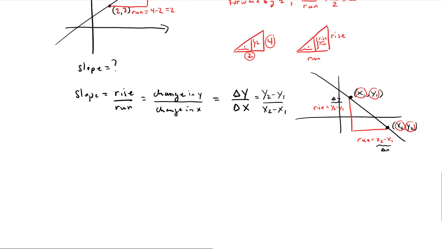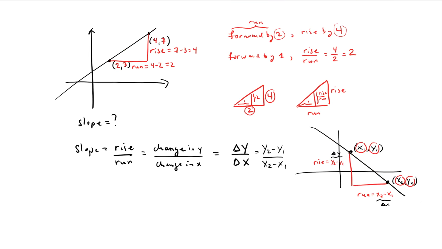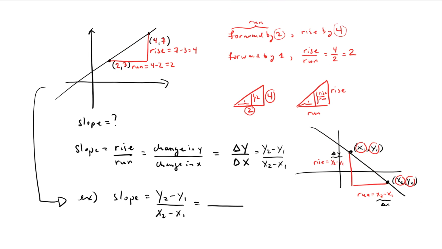Okay, so in our example here, the slope, which would be y2 minus y1 over x2 minus x1, typically I recommend here at the bottom starting with the highest x value.